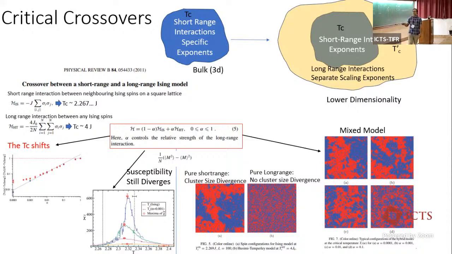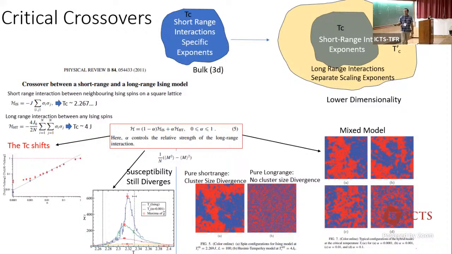Not exactly our system, but slightly different systems, and they found complete differences in the critical scaling and also the correlation lengths. Large correlation lengths develop as you approach the critical transition in the short range interaction models. In the mixed models, there is no divergence in the correlation length, because a correlation length for long range interaction doesn't really make much sense, but there is still a divergence in the susceptibility, which is also something that we see.